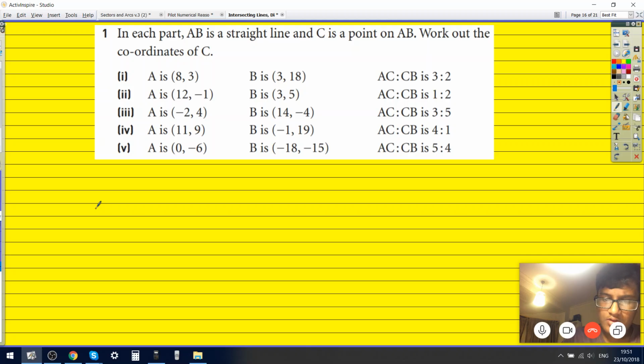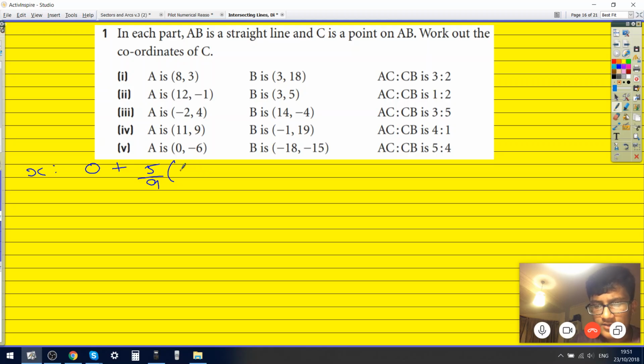So the x coordinate here is 0 plus 5 over 9 times 0 again. What's the difference?